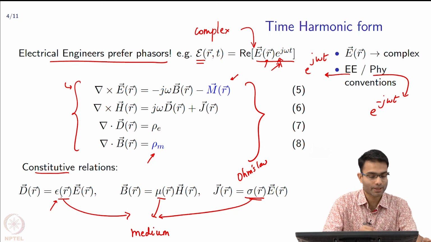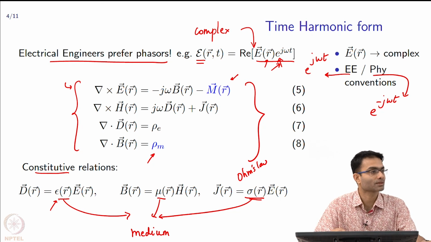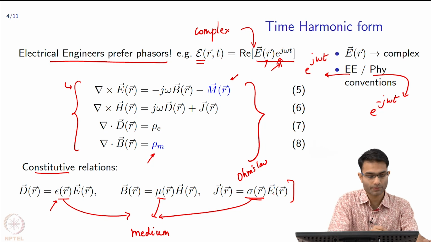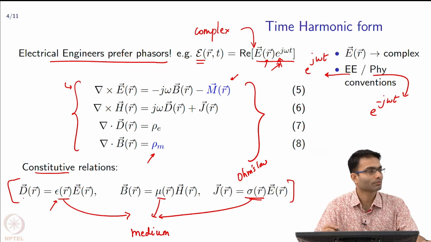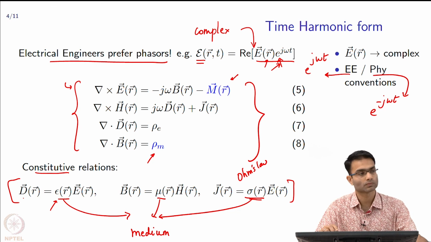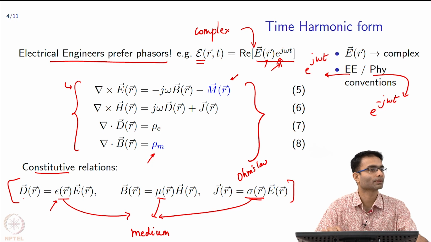That is captured by making epsilon into a tensor or mu into a tensor. There are further complications with these constitutive equations, and I'll point them out when we come across them. So these are the main sets of equations that we will work with.